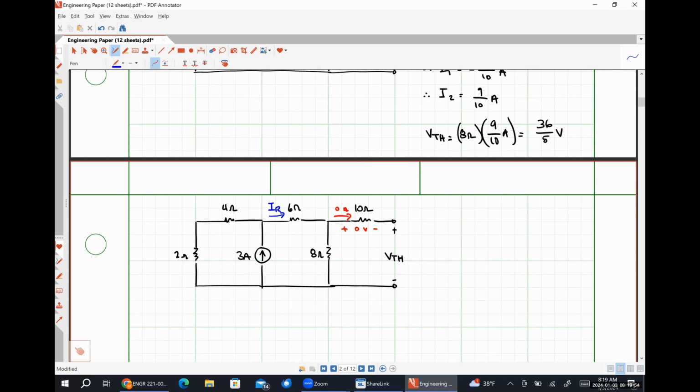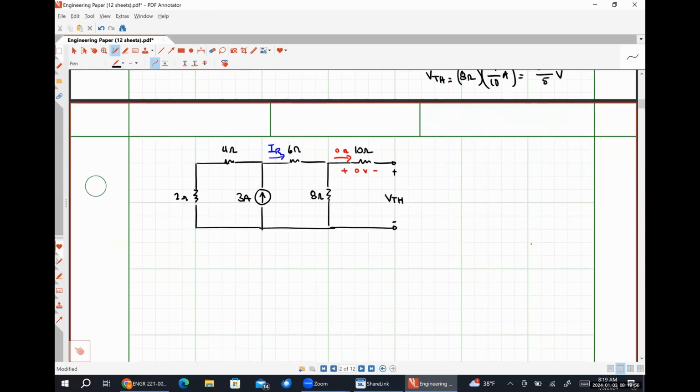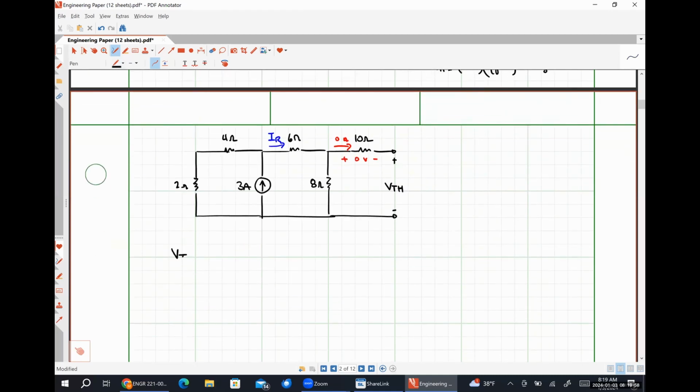So using current division, we could say that VTH is going to be 3 amps times 1 over 6 ohms plus 8 ohms divided by 1 over 2 ohms plus 4 ohms plus 1 over 6 ohms plus 8 ohms.